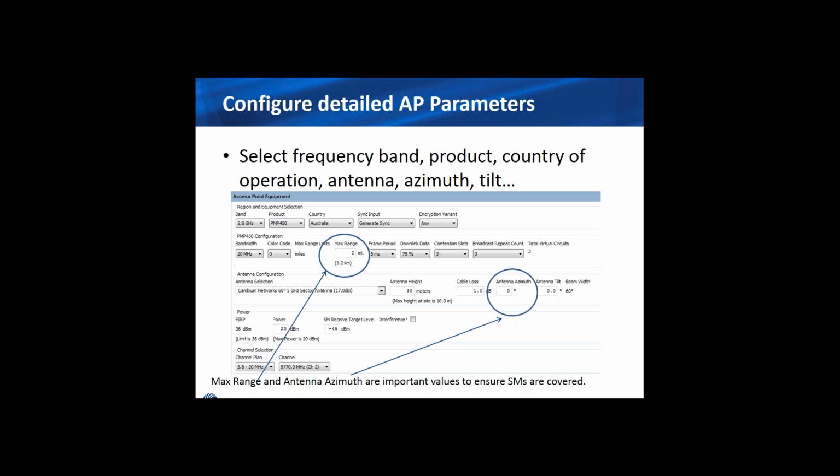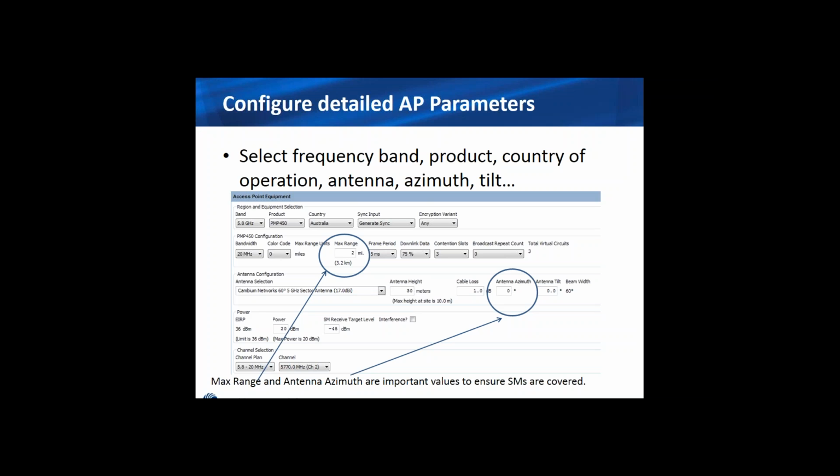It's very important that we set the max range correctly for a PMP access point, because that's going to dictate which subscribers we're allowed to connect to from across the network area, and also to get the antenna azimuth correct, because again that's going to have an impact as to which subscribers we can connect to. As you move across, you will see that there's some hover help over some of the boxes that's going to tell you the valid range of parameters.